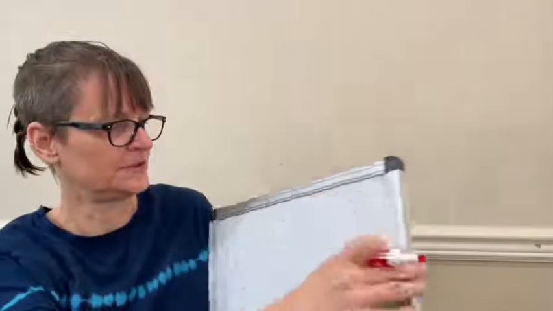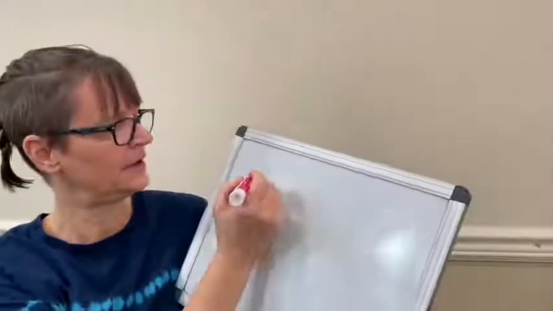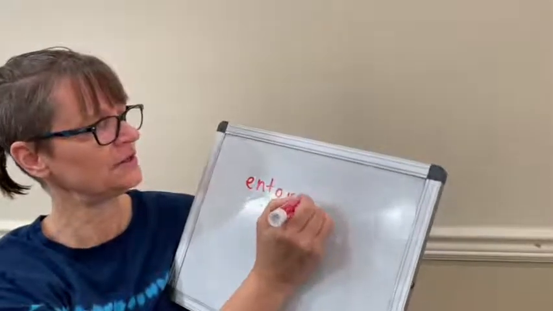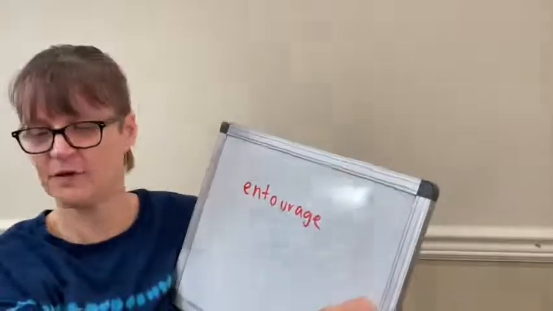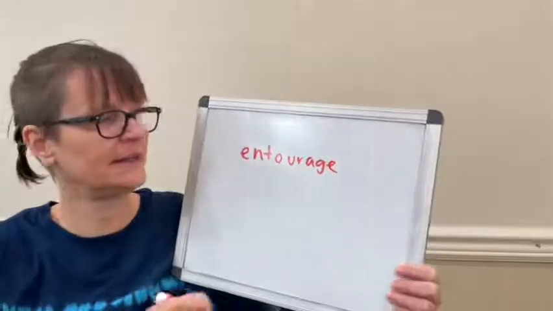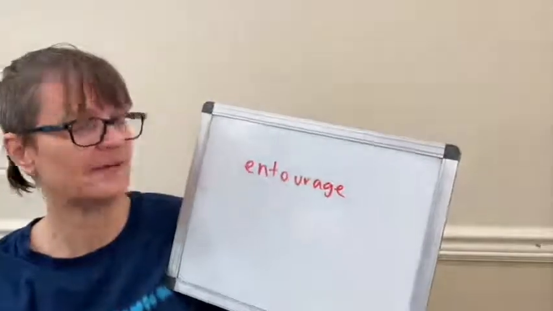We have another question about the words entourage and meringue. So let me go ahead and talk about those for you. For entourage, even though it has the spelling of the word tour in it, we don't have an ur in this.